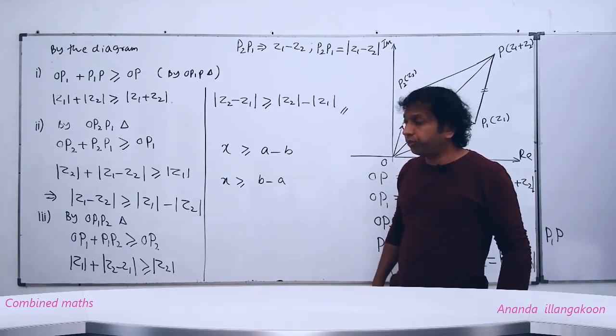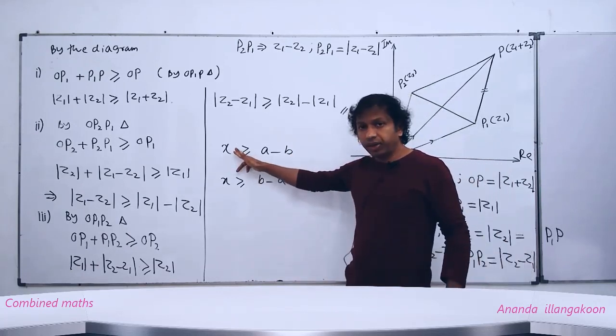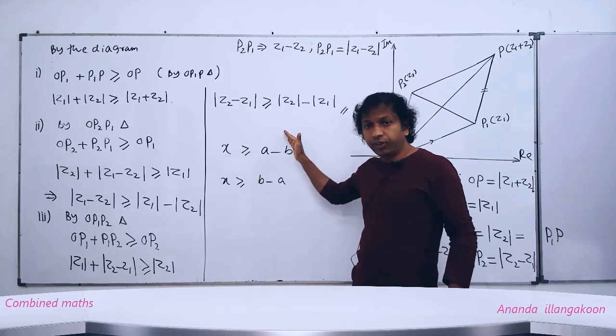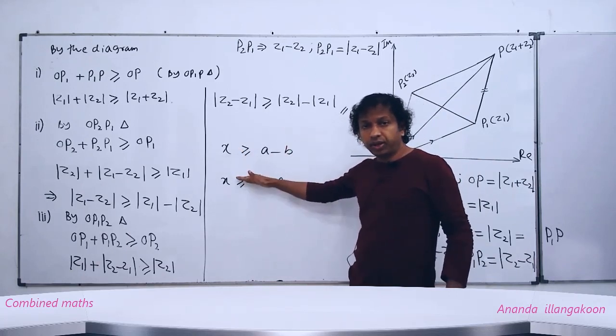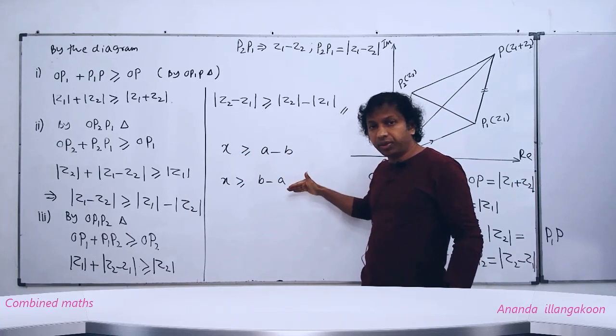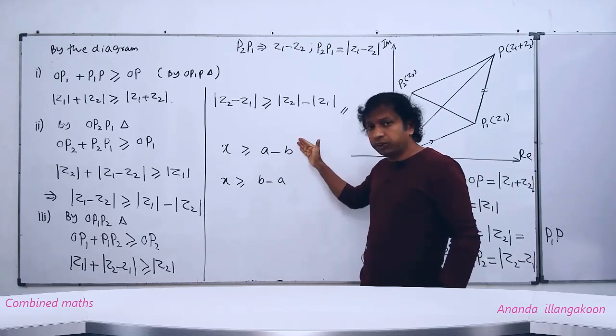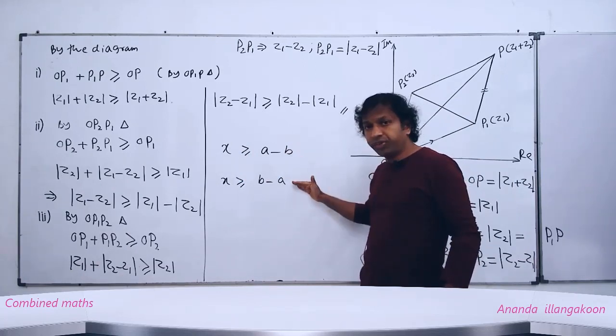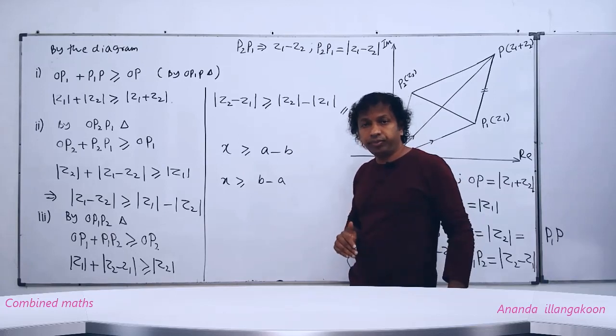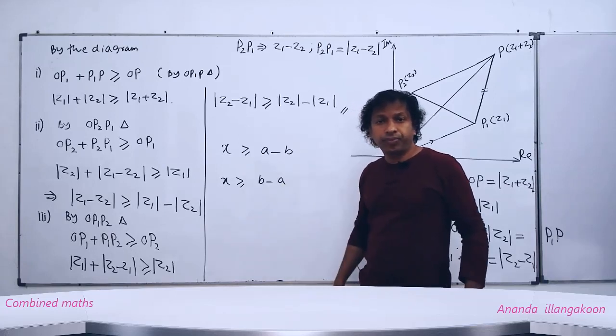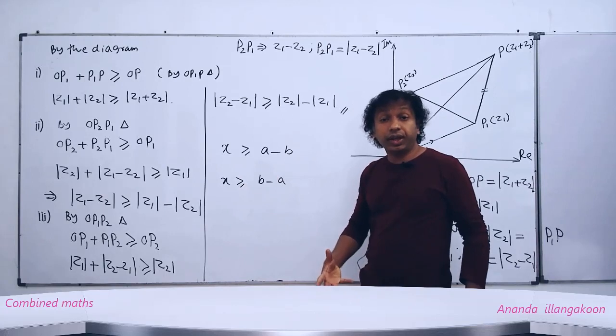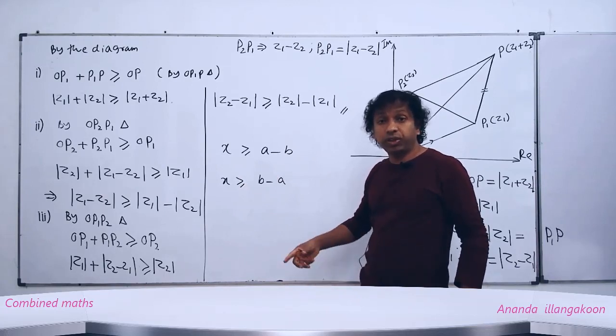So therefore, this says x is greater than a minus b, x is greater than b minus c, meaning either a minus b or b minus a is greater. This statement says that x is greater than the bigger value of these two.